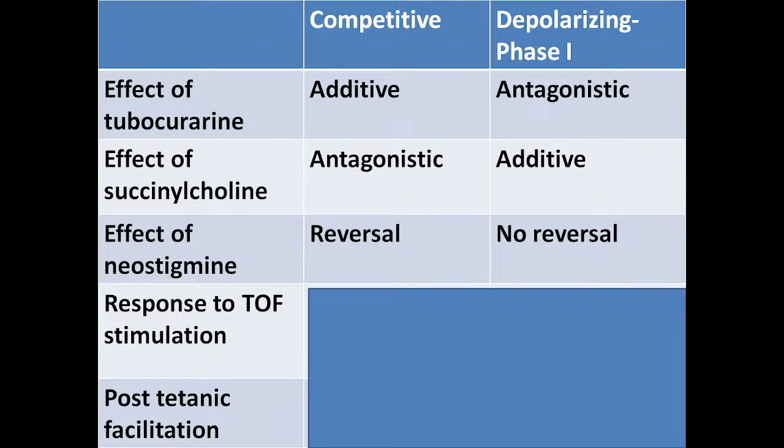Once you stop the stimulation, the muscle is contracted, and there was a buildup of acetylcholine that was released. If you stimulate after a gap of a few seconds, there is going to be what is called post-tetanic potentiation. There is going to be a higher response, and then it slowly comes back to normal.